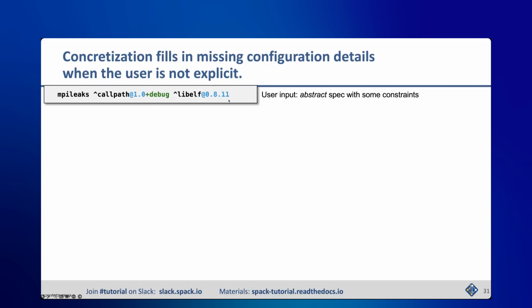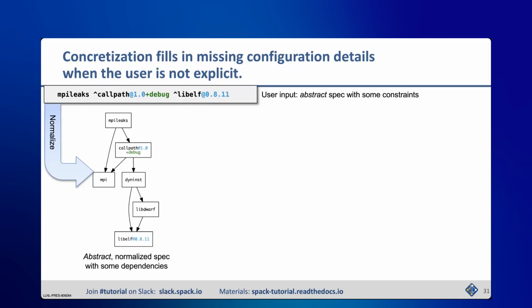And we call it that because it's not a full build configuration, right? It's giving you a few things that the user cares about that need to be set in the build. But then Spack has to go and fill in the blanks for the rest to make some sort of consistent installation description. And so what it does is it takes that and it makes a graph out of it.